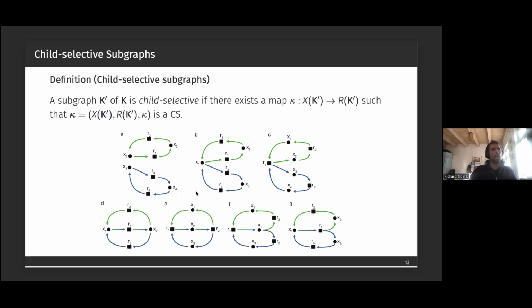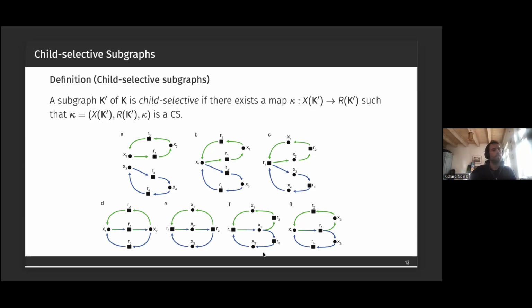But from B to E, what we violate here is that we require the same number of species vertices and reaction vertices. This is violated here from B to E. This is why these graphs B, C, D, and E are not child selective.